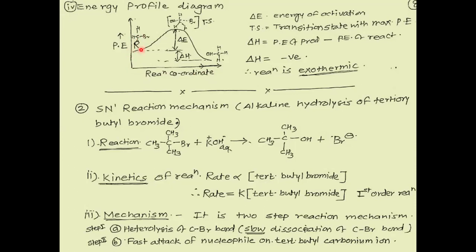Now as the nucleophile approaches from the backside, the energy of the system goes on increasing and reaches a maximum level, where OH minus is held with carbon through partial valencies, and the C-Br bond is not yet detached.